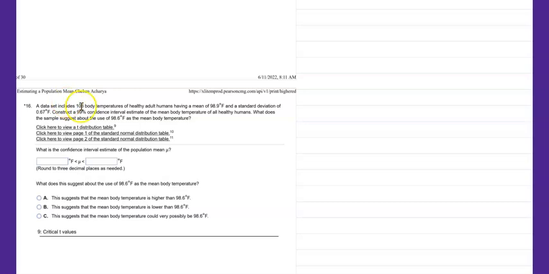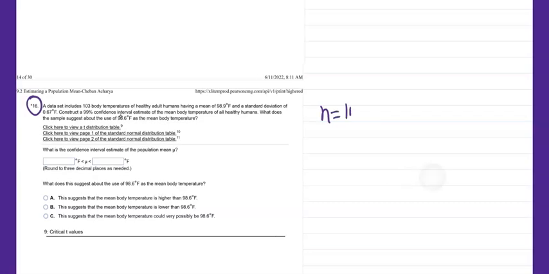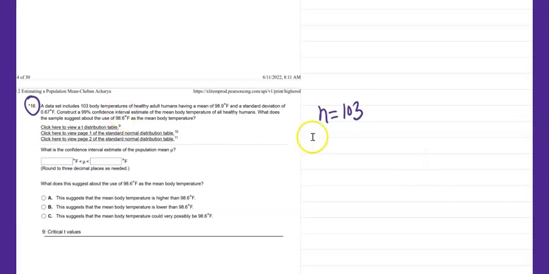Question number 16. Again, this is similar to the others, and I'm going to give you a hint so you can finish it yourself. Our data set includes 103 body temperatures of healthy adults, having a mean of 98.9 degrees Fahrenheit and a standard deviation of 0.67 degrees Fahrenheit. So here the sample size is 103 healthy human body temperatures.